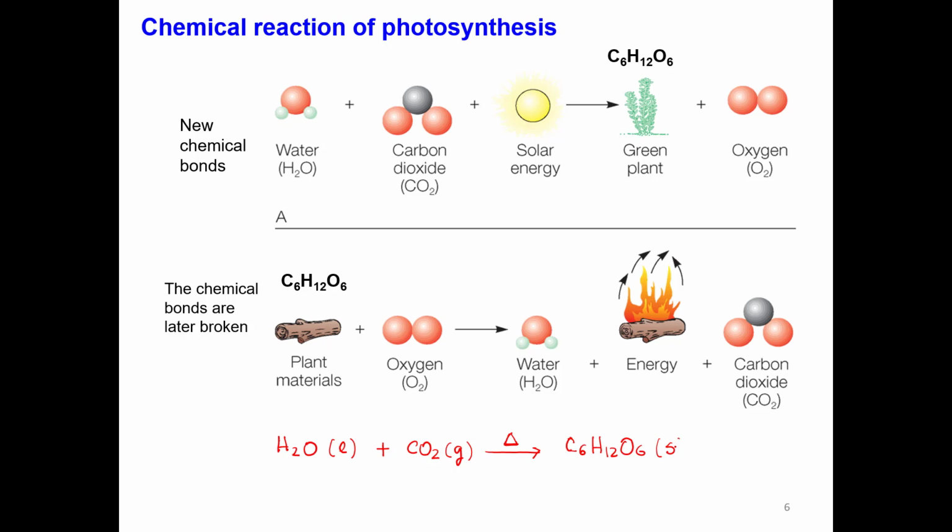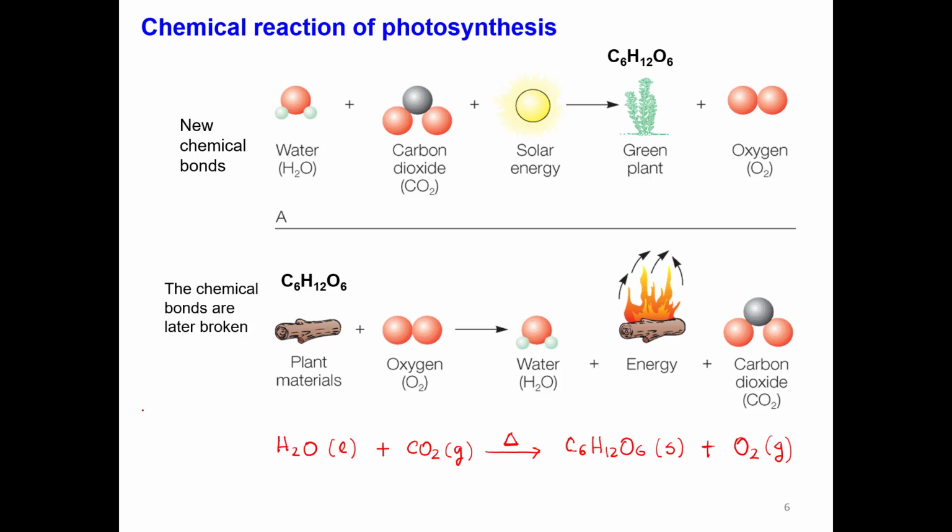which is usually solid, plus one molecule of oxygen, which is gas. The next thing we want to do is balance the equation. To do that, let's write in a table the atoms involved in the reaction.